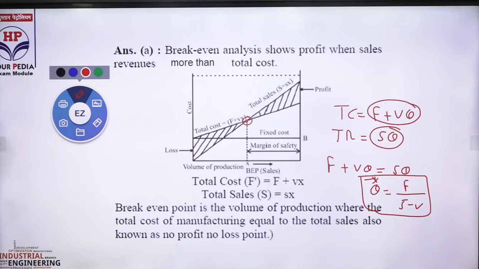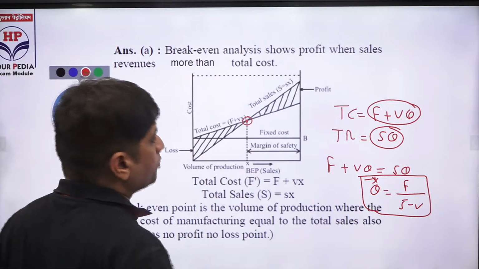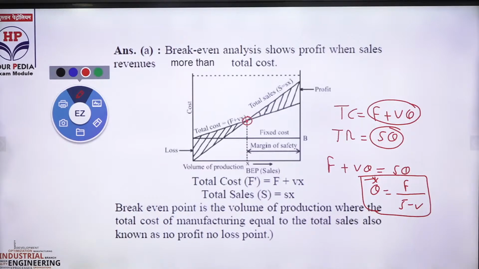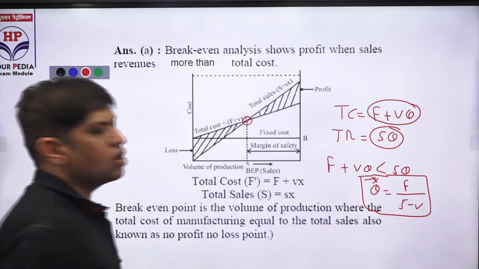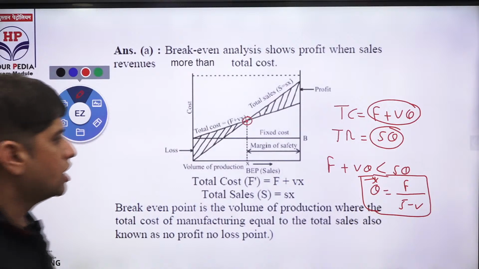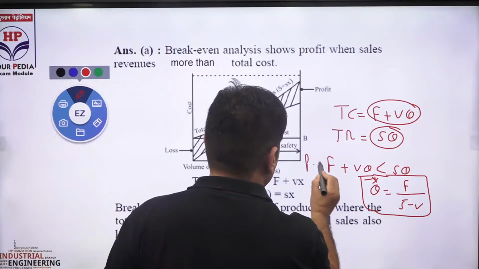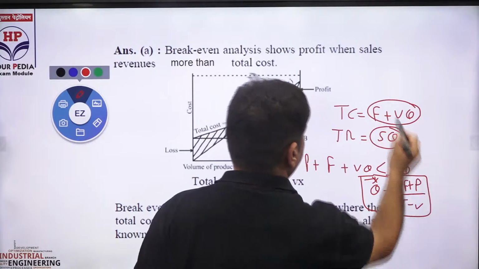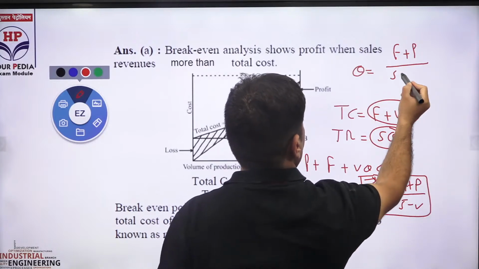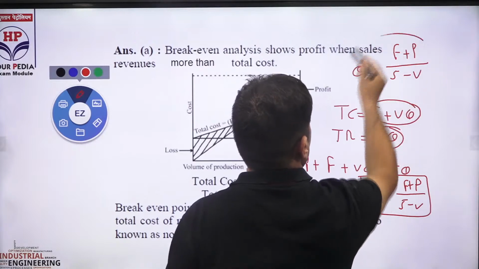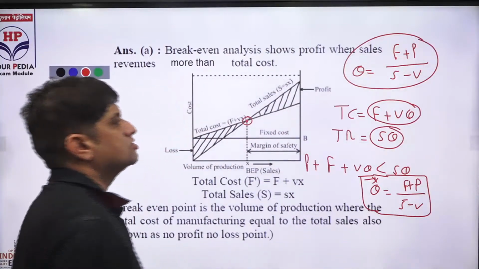All of you know that. But suppose I want to earn a profit also. Profit can be earned only if the sale is more than the total cost. So I need to add the profit on the left side. The formula will be: fixed cost plus profit over sales per unit minus variable cost per unit. That is the general formula.